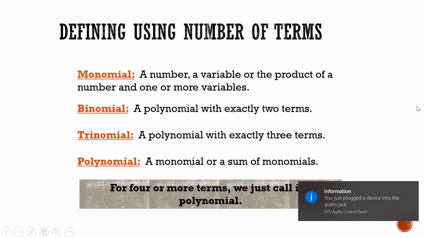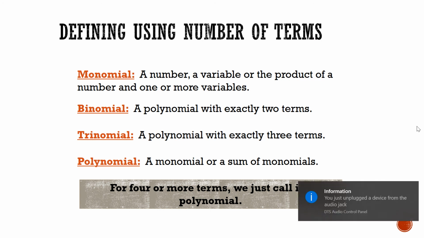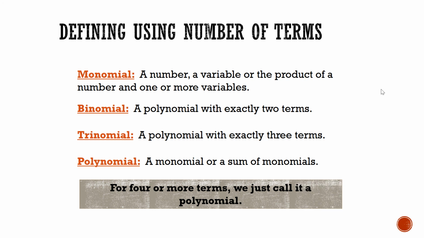So, there we go. So we have a number of different ways of describing a function based on the number of terms. Monomial, for example, would be y equals x squared. That's only one term.